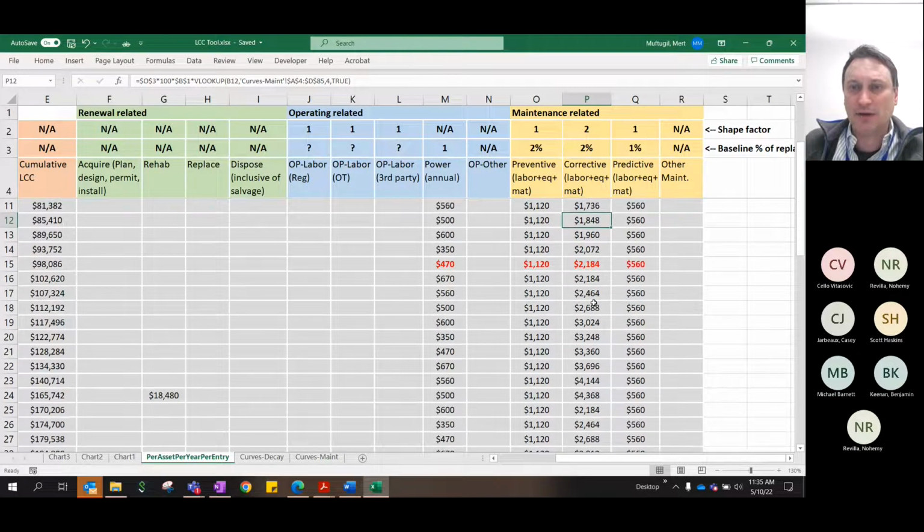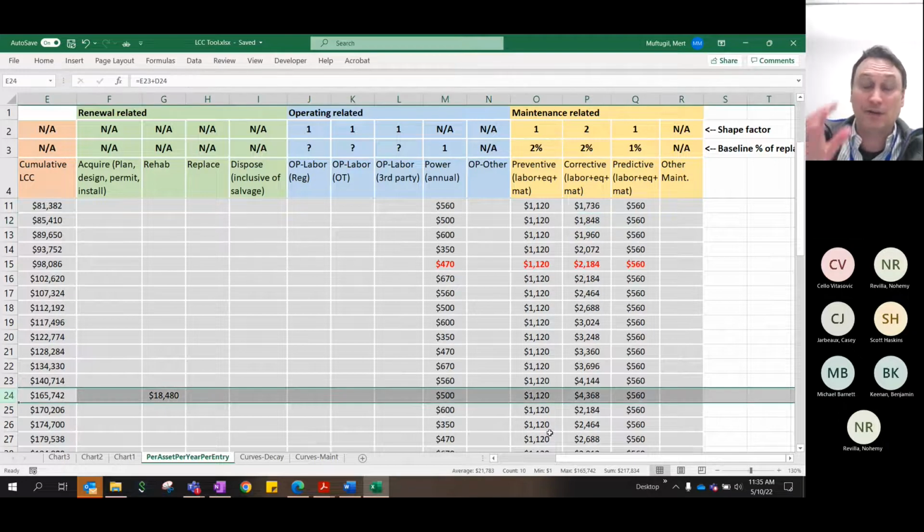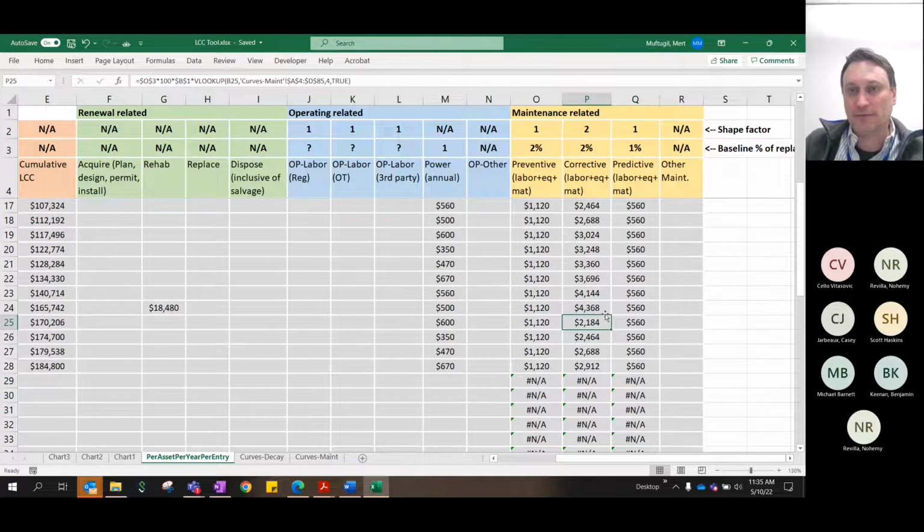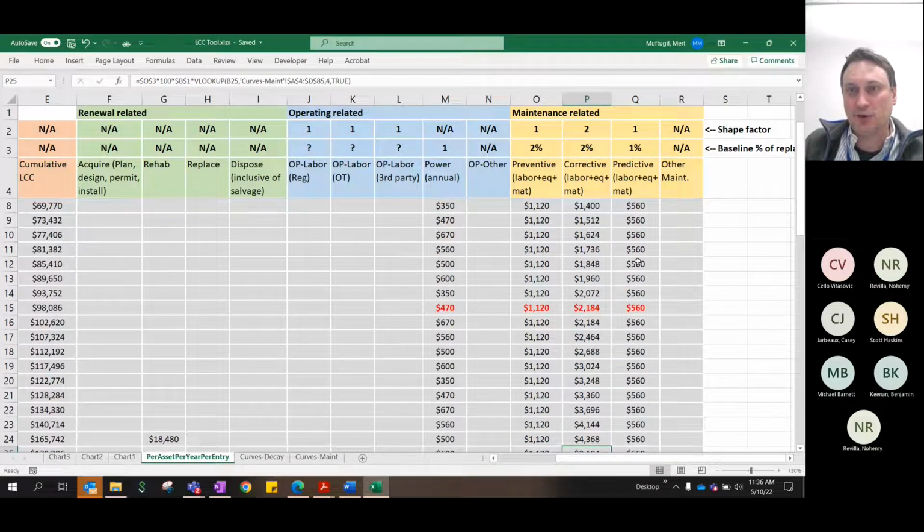But down the line, you'll notice that somewhere here, we replace the asset, I'm sorry, not replace, we rehabilitate the asset. That results in replacement of large amounts of its components, and maybe it's almost like new. So its corrective maintenance cost estimate for the following year is now less, and so forth. It basically follows that approach.